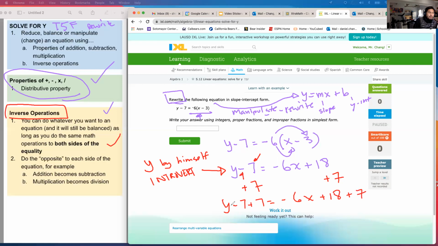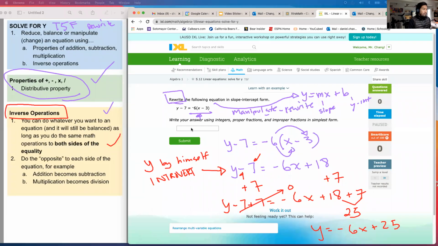And -7 plus 7 is just 0. 18 plus 7 is 25. So now I have y equals -6x plus 25. And now I'm done. I have rewritten the equation, which was in point-slope form, into slope-intercept form. So let's enter this in.